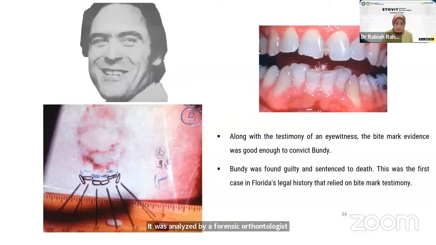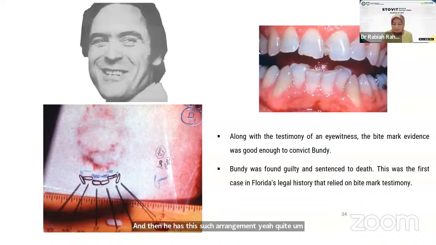Luckily, he has such teeth that could give such a bite mark, with this arrangement, quite the crowding.